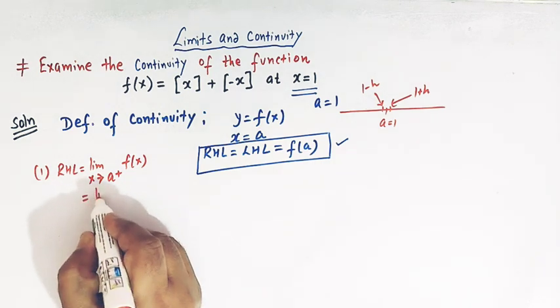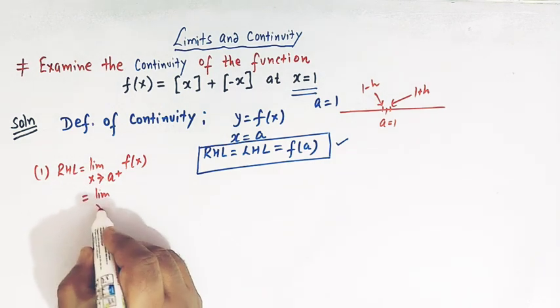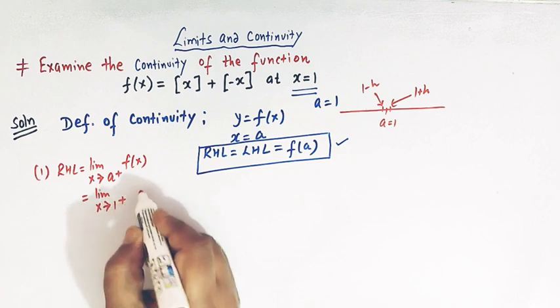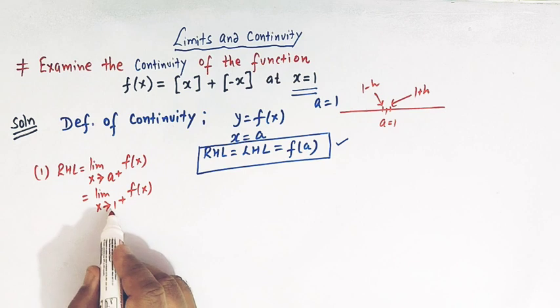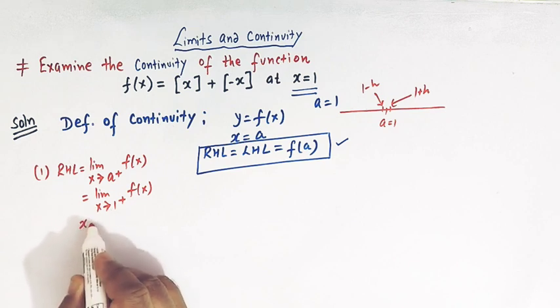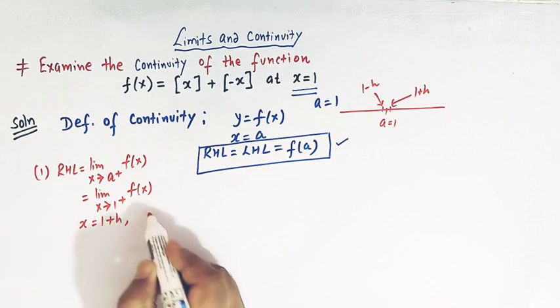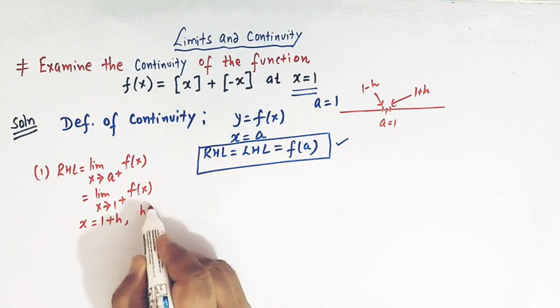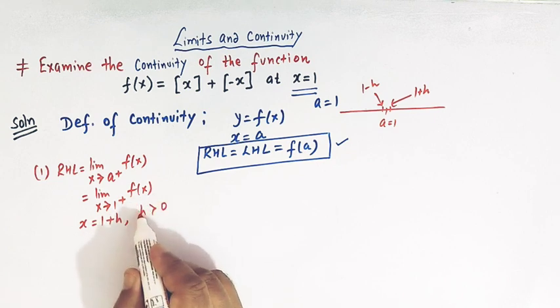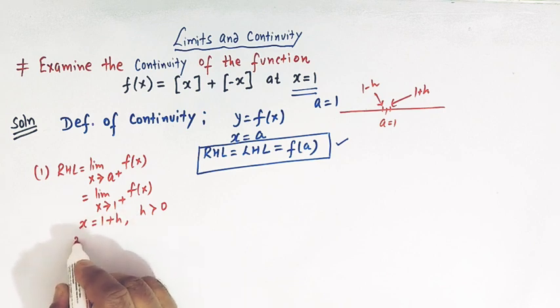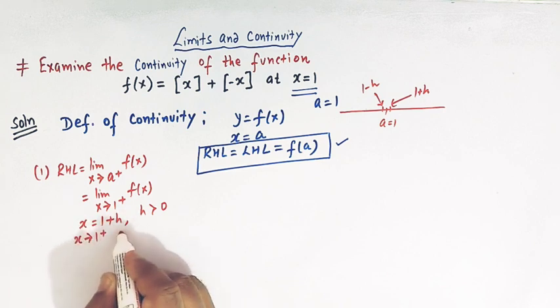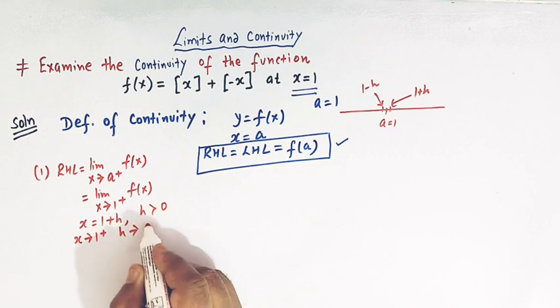Now this can be written as limit x tends to 1 plus of f of x. We'll take x is equal to 1 plus h, where h is a positive and very small quantity. When x tends to 1, obviously h tends to 0.